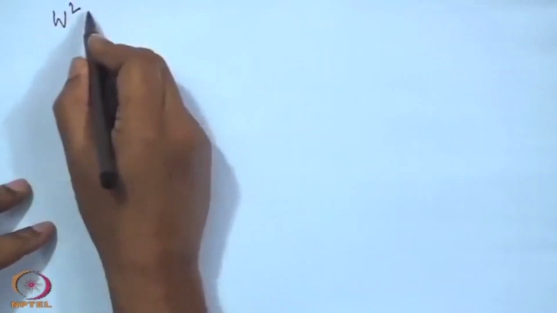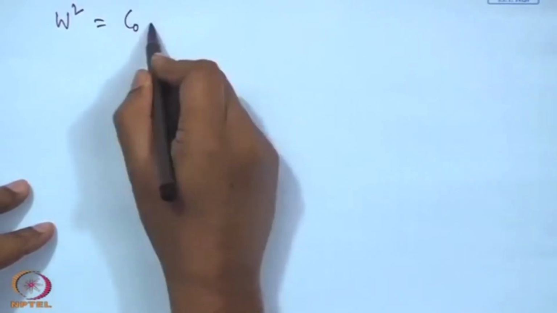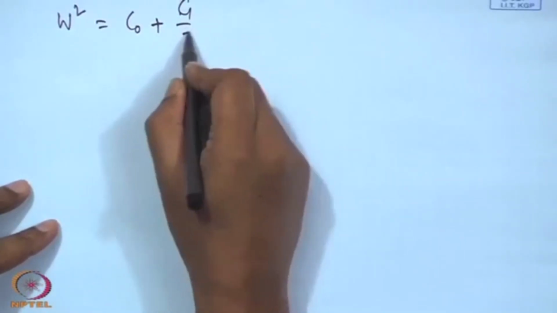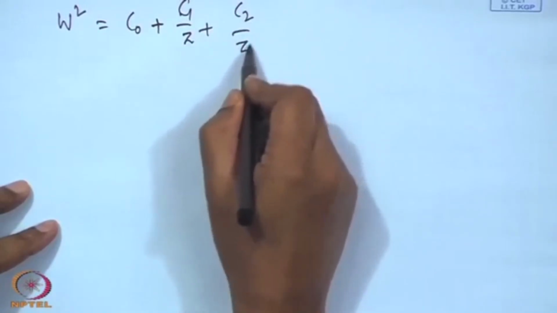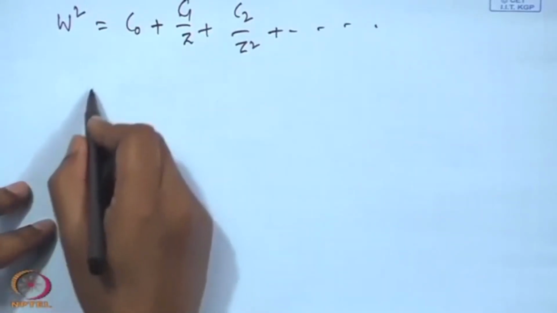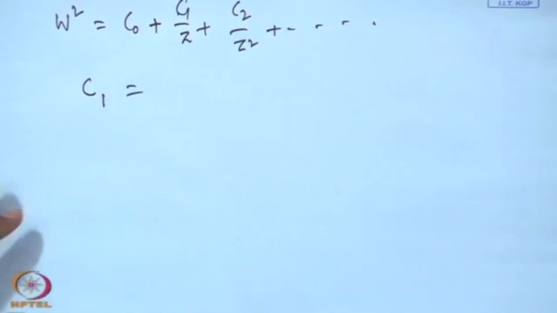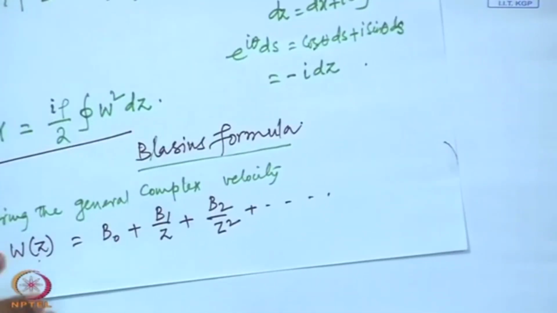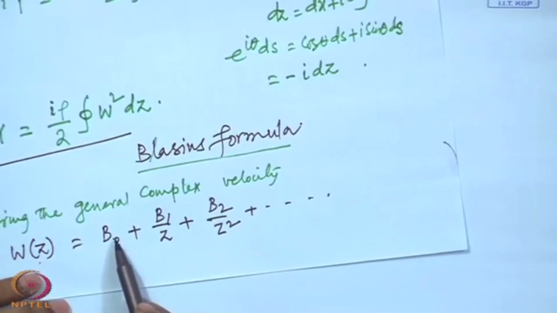Once again let us say we can write W square is C 0 plus C 1 by z plus C 2 by z square plus so on, and C 1 equal to how much? See, when you square this, only the 1 by z term will come because of the product of these two.